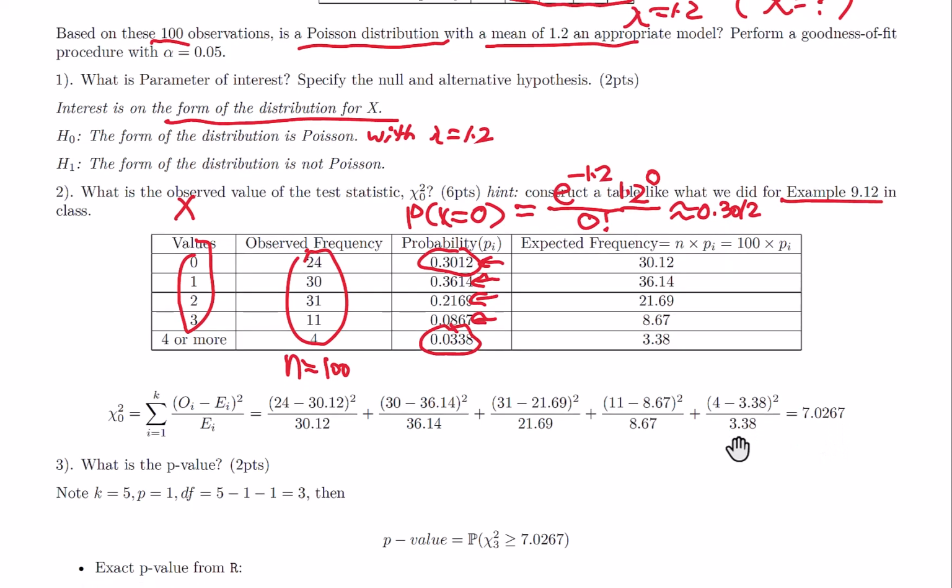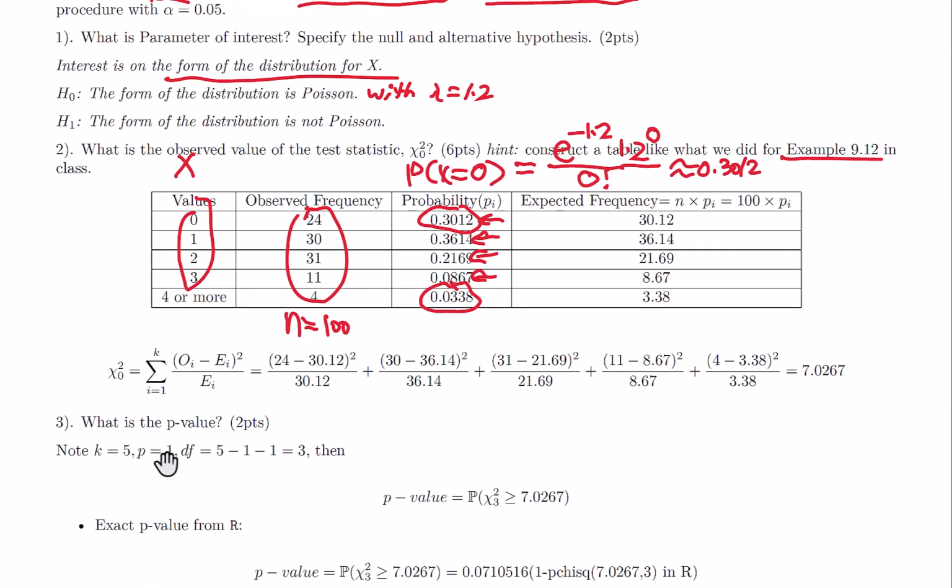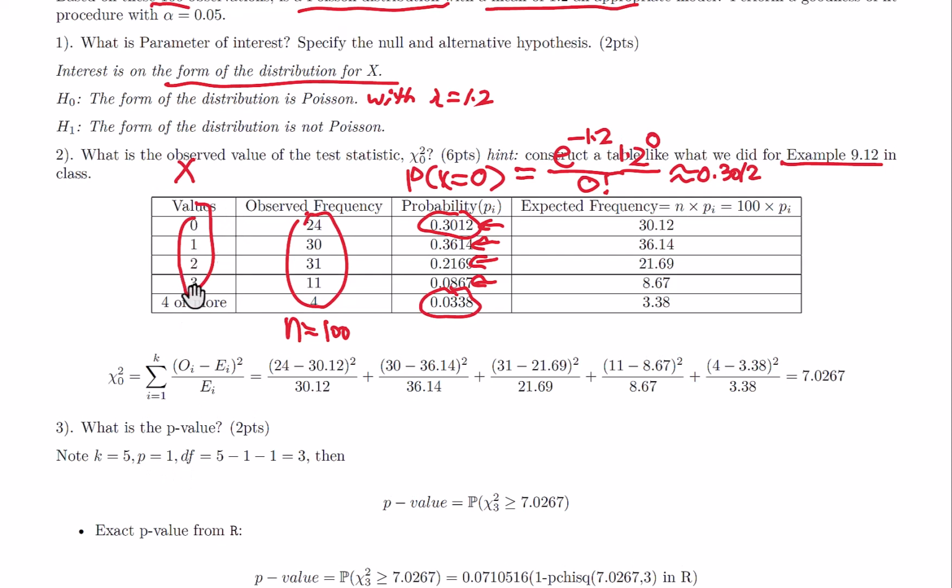What is the p-value? For the p-value, we have to specify what is little k and what is little p. Little k means how many categories you come up with for the values. Here we have 0 to 3, and then 4 or more, so we have 5. That's why k equals 5. What is p? If you check the notes, p means how many population parameters are needed to specify this distribution.